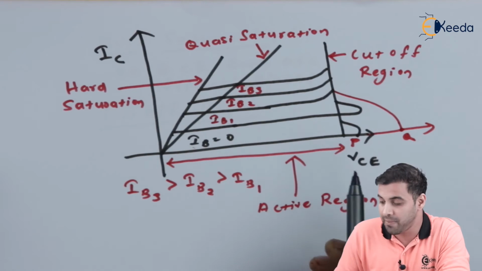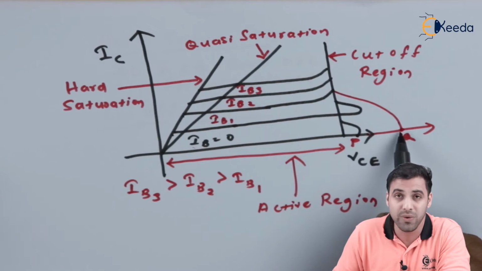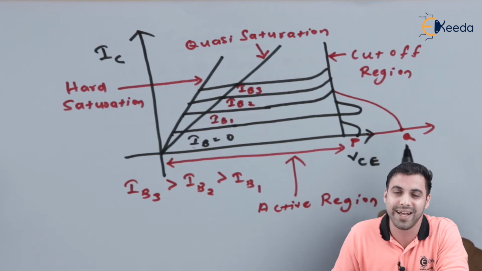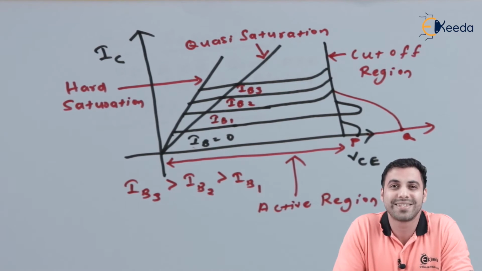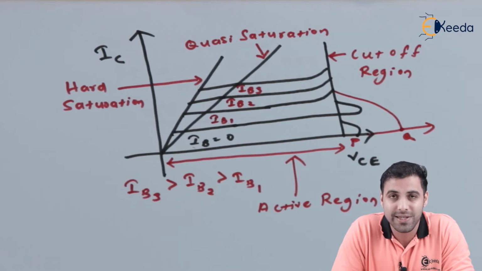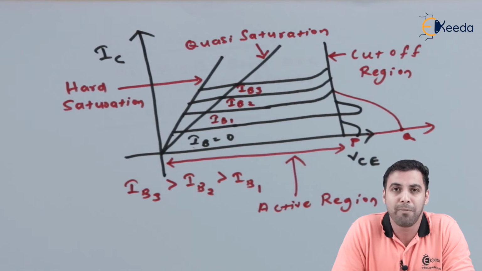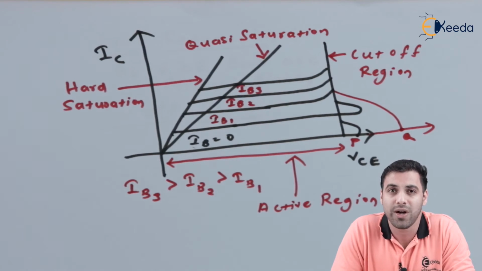Because the collector current becomes zero at the points P and Q, there is no flow of electric current. This is called the cutoff region, or the cutoff region can simply be defined as the region where the power bipolar junction transistor does not conduct.